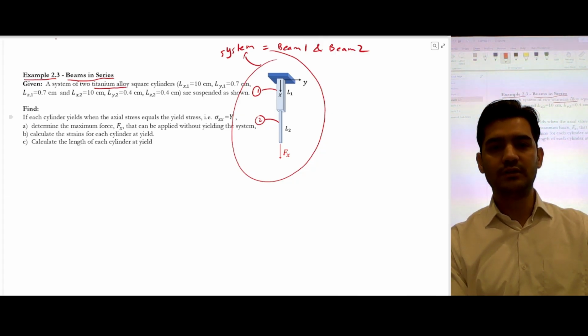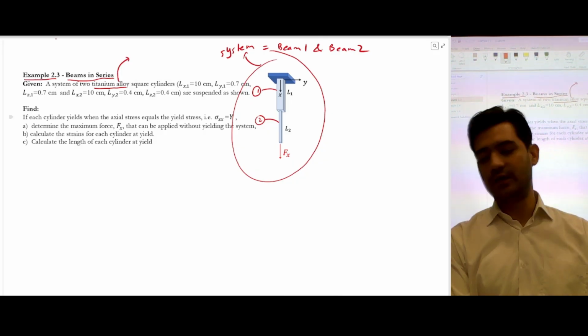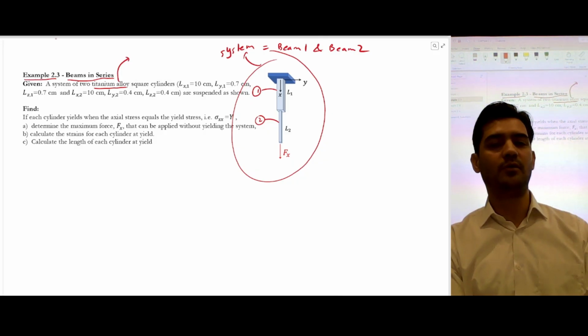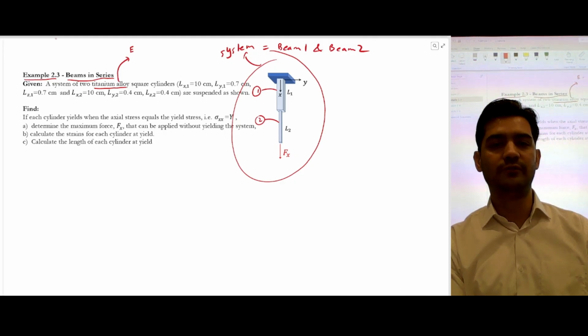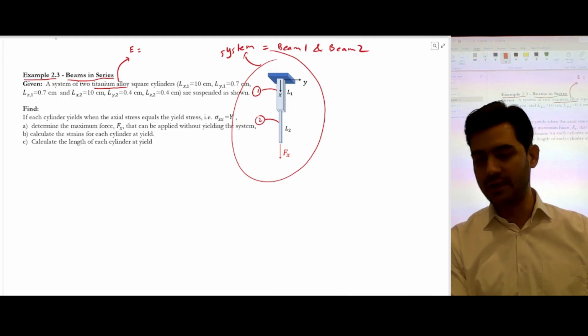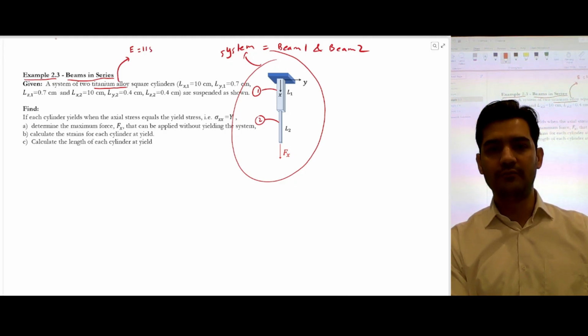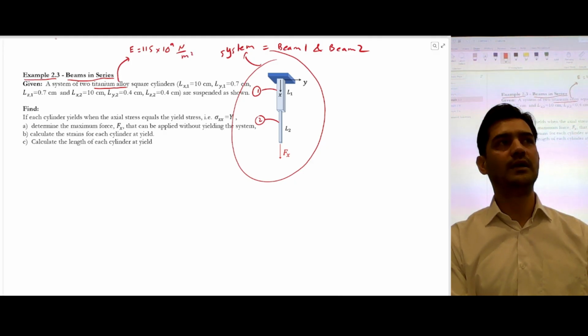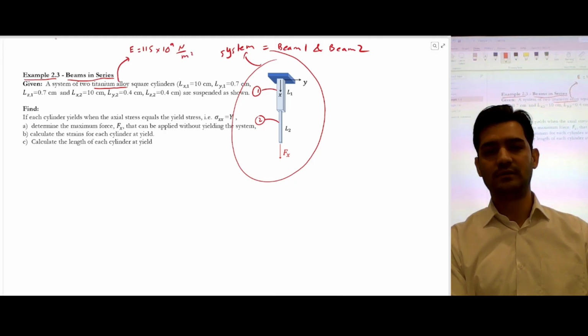So the beams are made up of titanium alloys, so we can extract some material properties. So for example, we know the modulus of elasticity of this titanium alloy is 115 into 10 raised to the power 9 Newton per meter square, or 115 gigapascals.